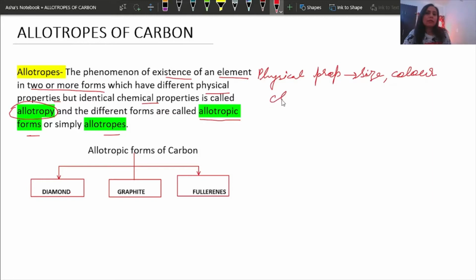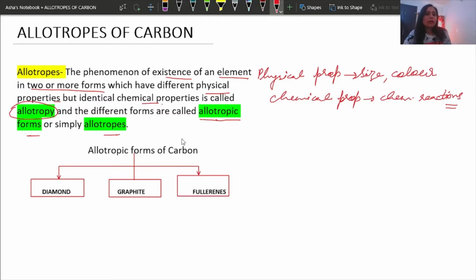But chemical properties are basically about chemical reactions. So, whenever an element occurs in more than two forms which have different physical properties but identical chemical properties, then all those forms are called allotropic forms or allotropes, and this property is called allotropy.